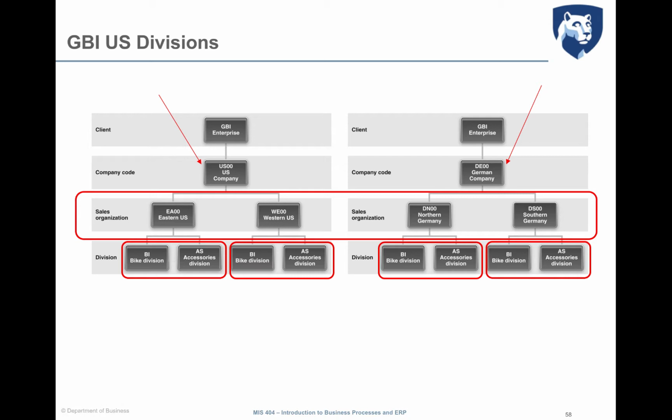People are organized in resources which are able to sell bikes, and resources that instead are able to sell accessories in the eastern region and in the western region. So that's the idea of how the division and the business unit interrelate with the sales organization. In this case, there is a geography specialization, but inside the sales, people are organized according to the business units that characterize GBI: product bike and product accessories.